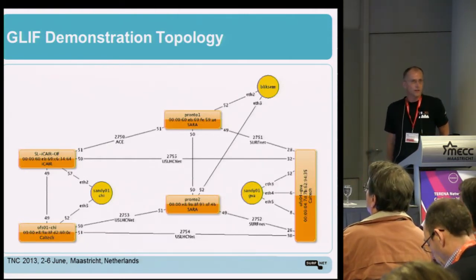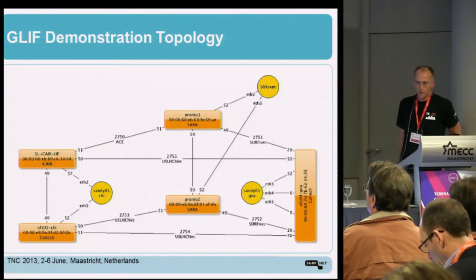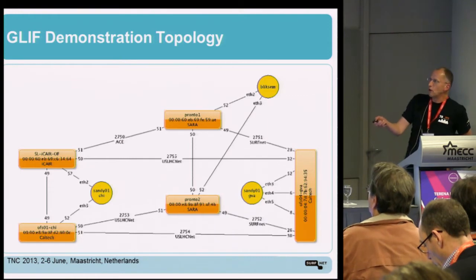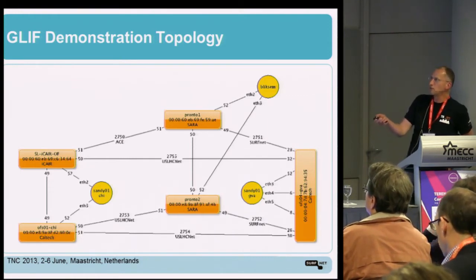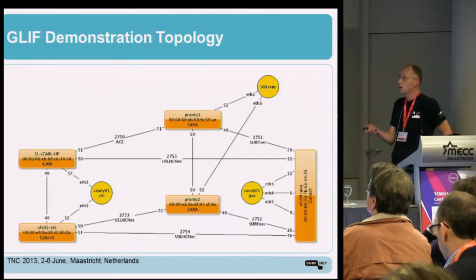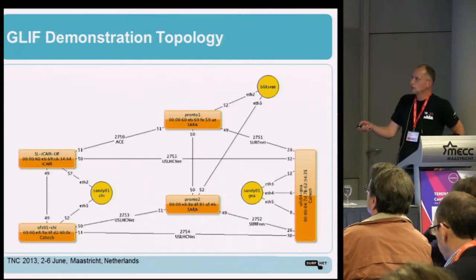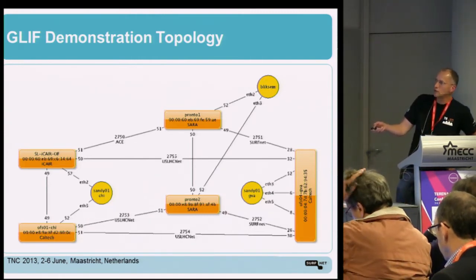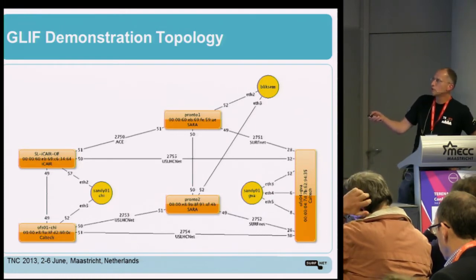So for the GLIF demo, we had this topology. These are all the OpenFlow switches, 3290 OpenFlow switches, a server in Geneva, a server in Chicago at the venue, and we also had a server in Amsterdam, and various links between them.